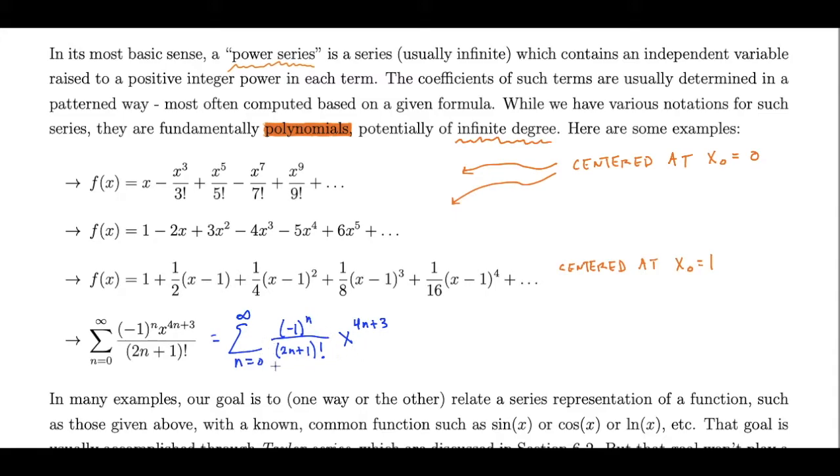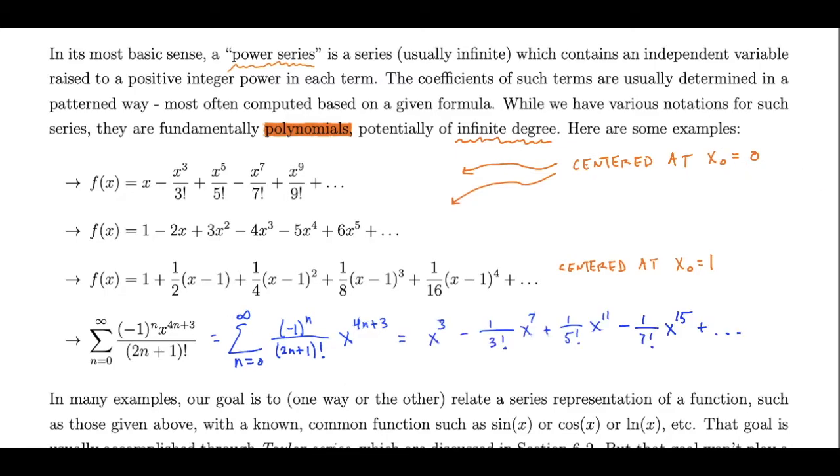If I wanted to, I could plug in small n values, start at n equals 0, plug in n equals 1, n equals 2, and I can write out several of the first terms of this series so that I would get an expression for this series that's similar to what I've seen in the first three examples.